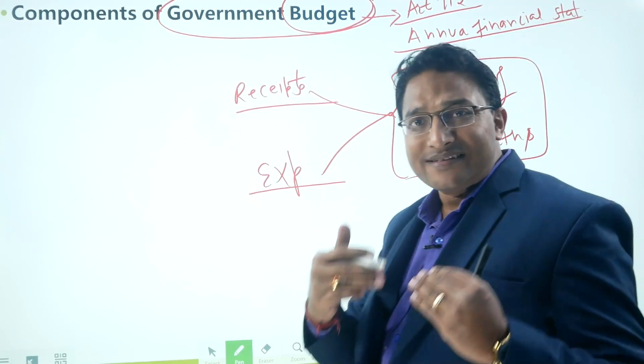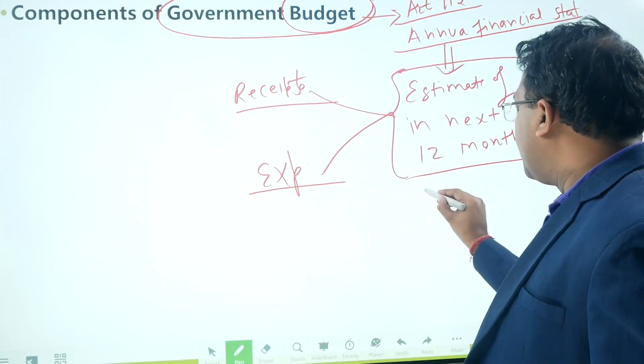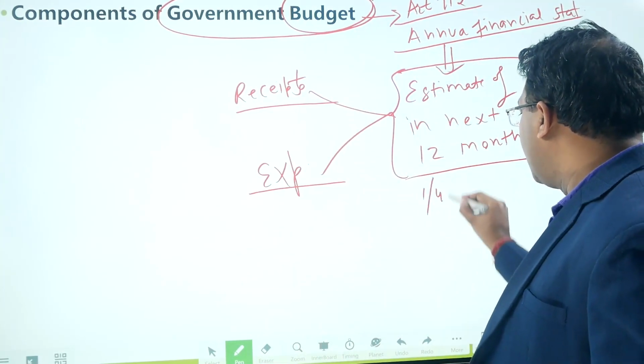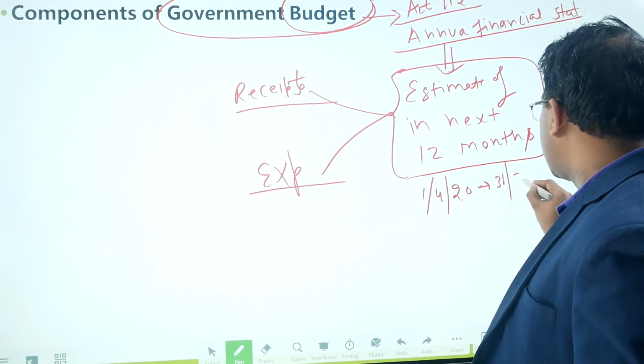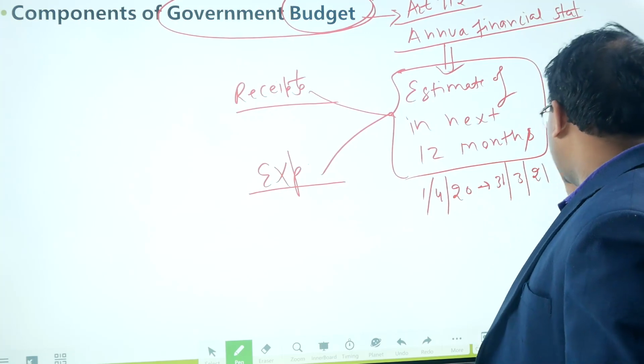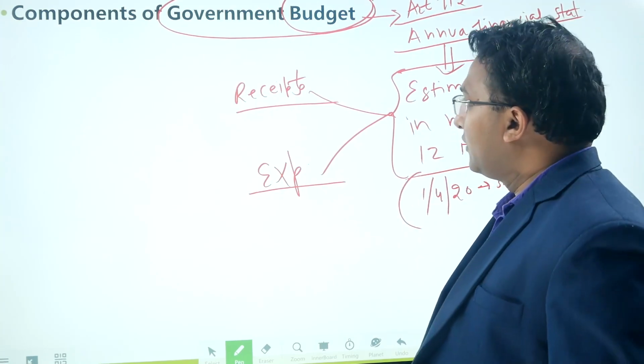The present budget covers the period from 1st of April 2020 till 31st of March 2021. So these are the next 12 months which we are talking about.